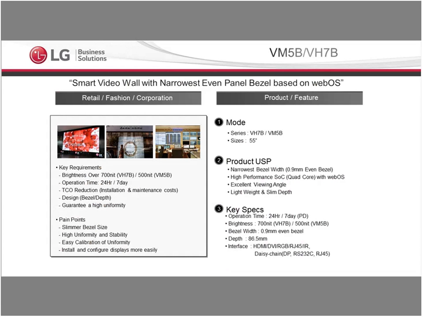So if we talk about the product category, the VM5B and the VH7B, we see that these products, once again, are smart video wall at the narrowest even bezel based on WebOS. So we brought in another variable here. We brought in the WebOS variable.